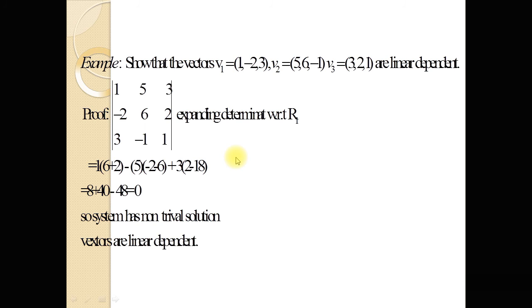Dear students, don't get confused on this point. We have already learned in the previous lectures about the solution of systems of linear equations, but that was for the system of non-homogeneous equations: if the determinant is equal to 0, then in the Cramer rule method the system has no solution.